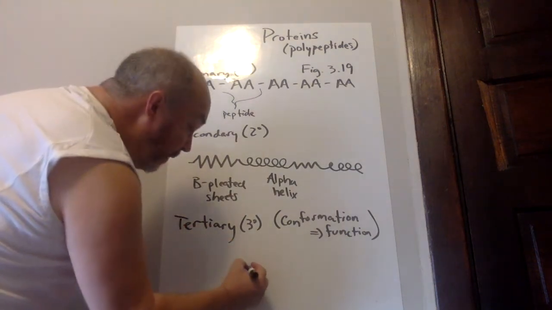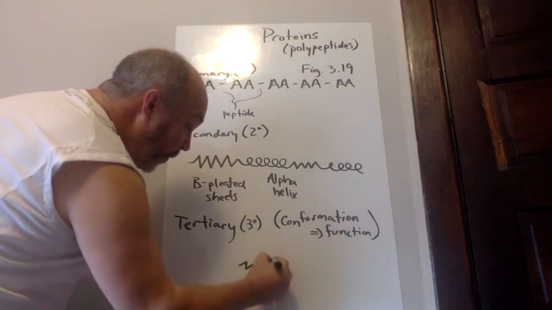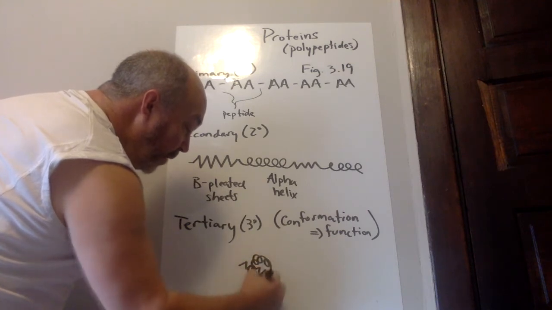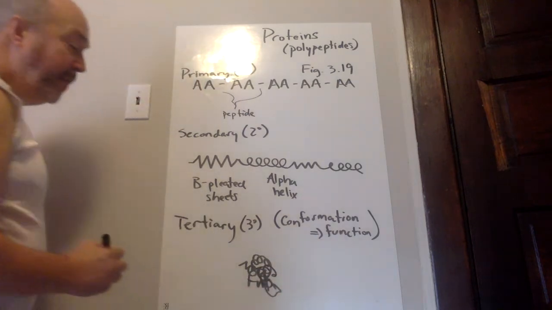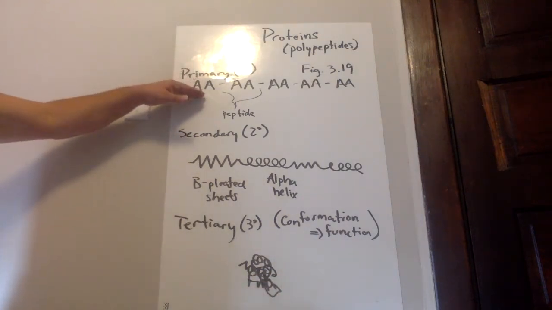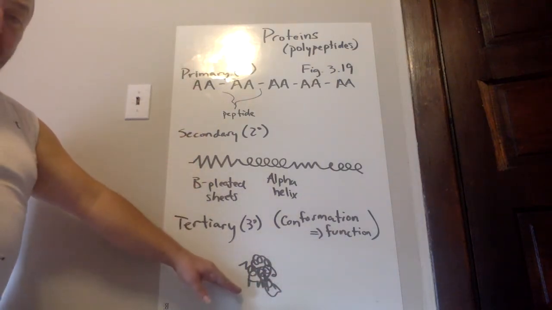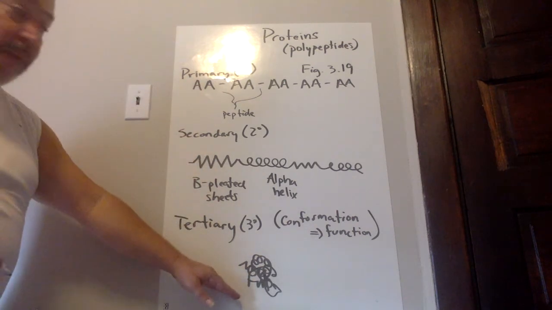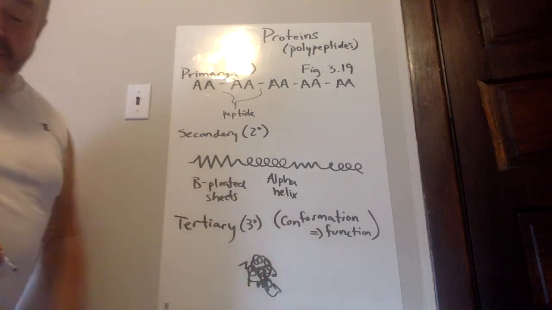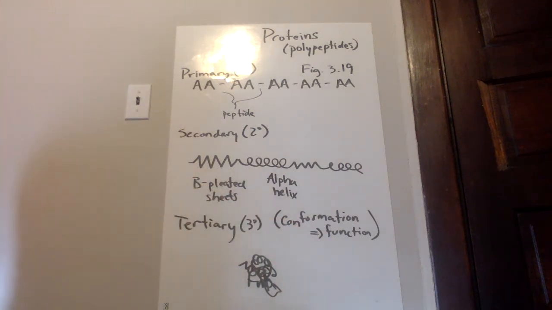And so you'll often see these, and you see this in the picture, where these curlicues and these pleated sheets are all folding over onto each other, and it makes it a bit of a mess. But we went from a linear structure to a 3-dimensional structure, or I should actually say a linear to a 2-dimensional to a 3-dimensional. We now have our functional protein.